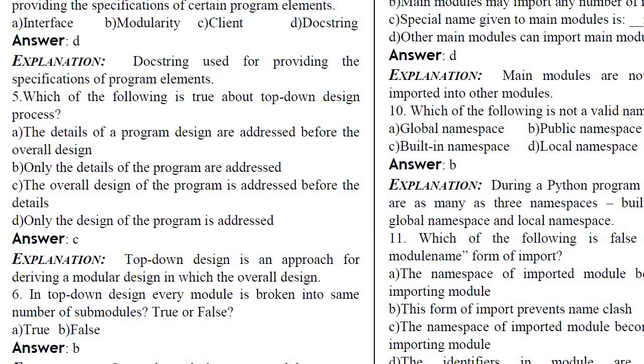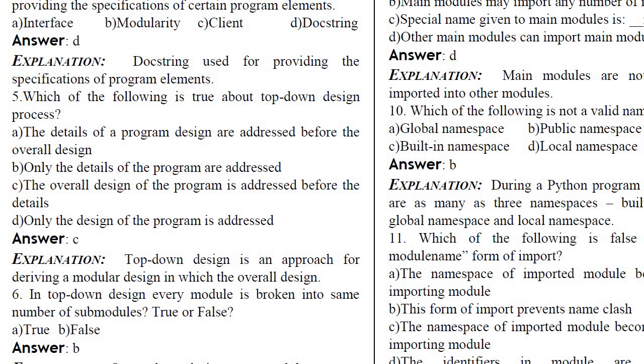Option A says the details of a program design are addressed before the overall design. No, the overall design of the program is addressed before the details, because top down design is an approach for driving a modular design in which the overall design occurs first.